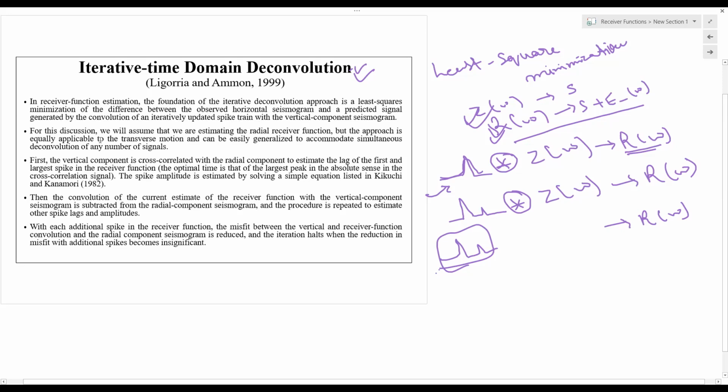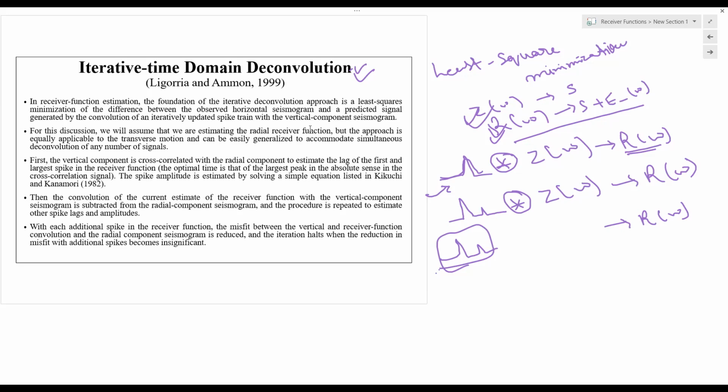For this discussion, they have assumed that we are estimating the radial receiver function. The approach that I just explained is applicable to the radial receiver function, but it is equally applicable to the transverse motion as well, and can be easily generalized to accommodate simultaneous deconvolution of any number of signals.